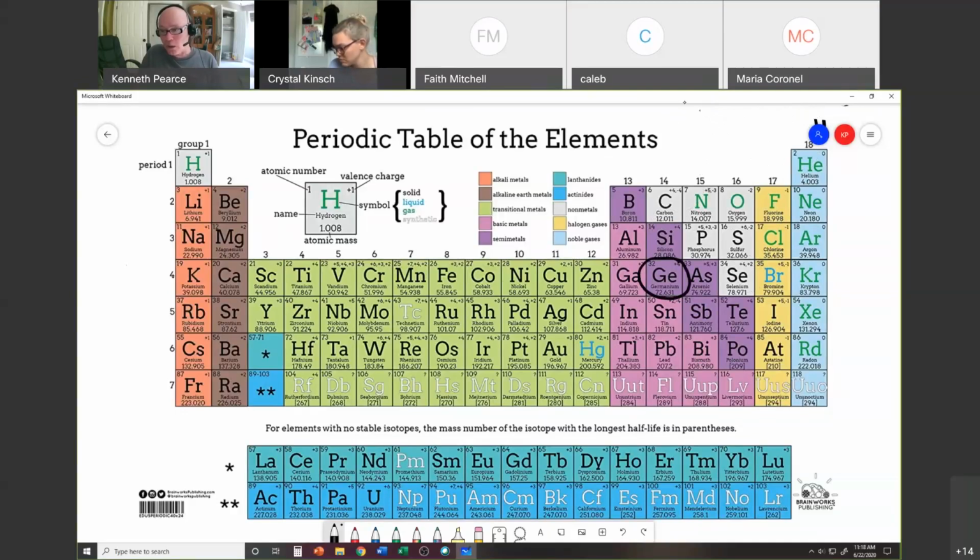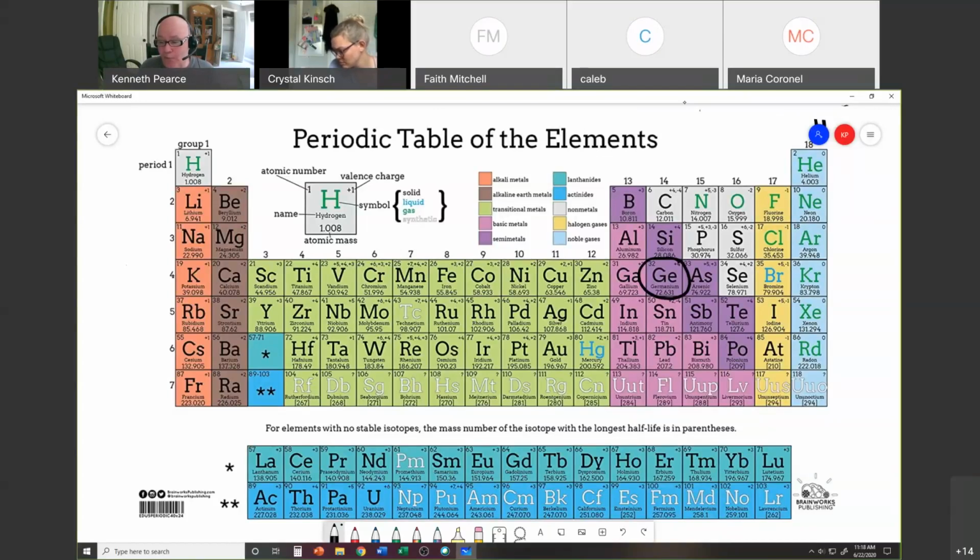And as a matter of fact, germanium was one of the elements that was discovered by looking at the elements that were around it. Germanium was one of these elements where there was a hole in the periodic table. They knew there was an element that was supposed to be there, but they didn't know what it was. And so there were predictions made. Well, we predict that the atomic mass is probably going to be around 73. It's going to have characteristics similar to silicon, and so forth.